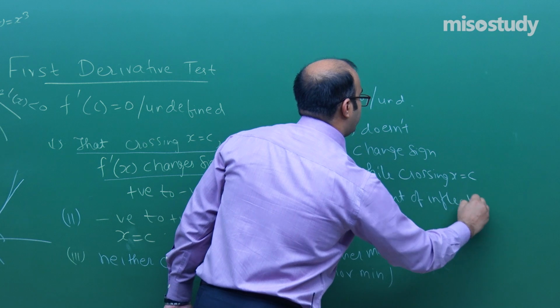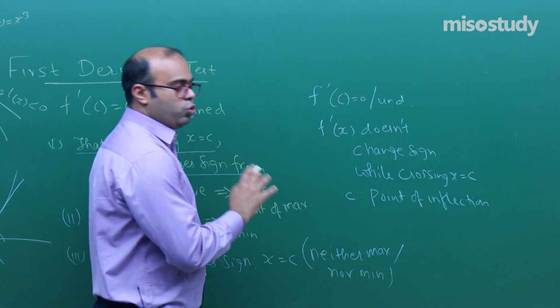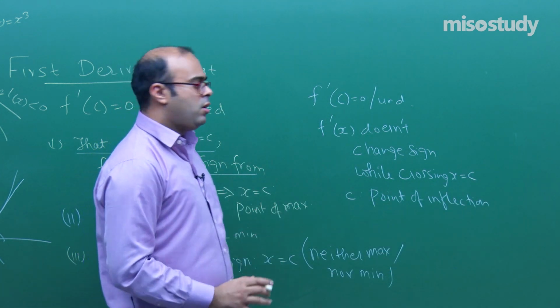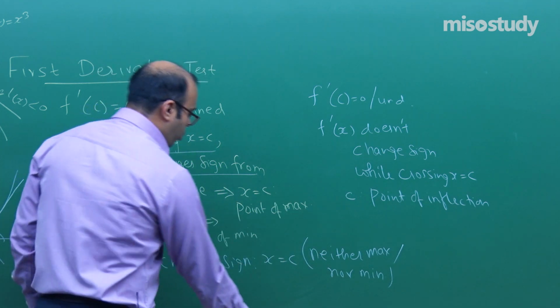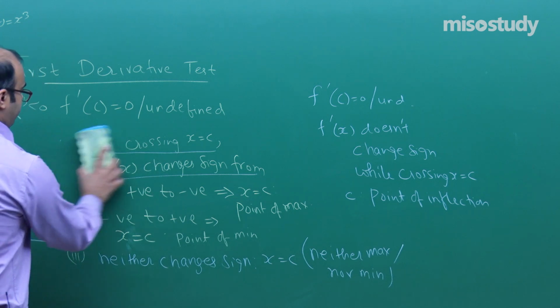So, you have to know this term, point of inflection, just to this point only, not in more detail. There is more detail to this, but we have to understand this.